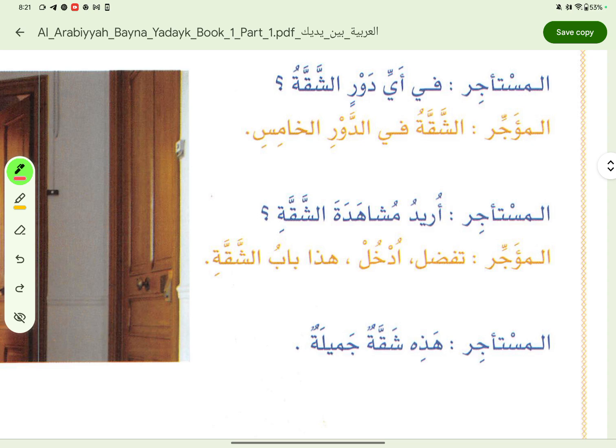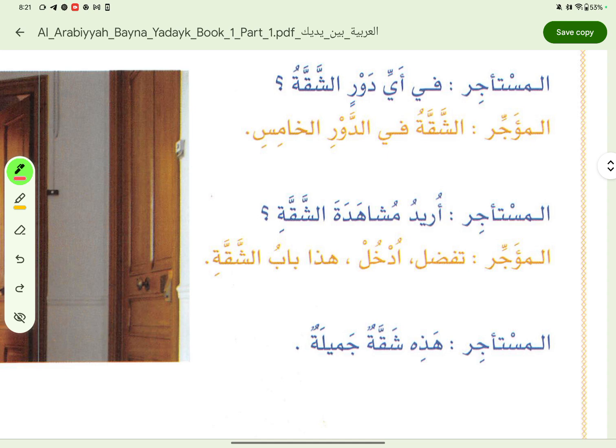So uridu mushahadat ash-shaqqa, I want to see the shaqqa. You could also say uridu mushahadat at-tilfaz, I want to watch TV, right? Mushahada is also watch. In this case it is like viewing the shaqqa, all right?